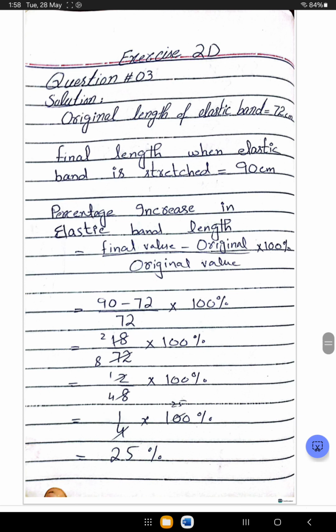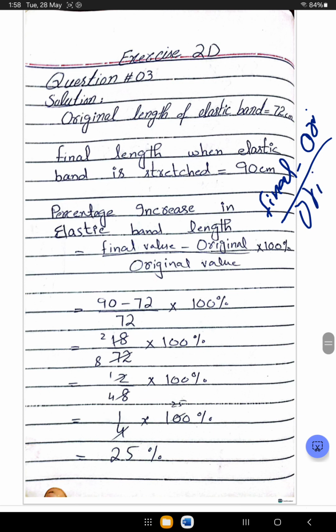As we read the formula, percentage increase is final value minus original value, divided by original value, times 100.